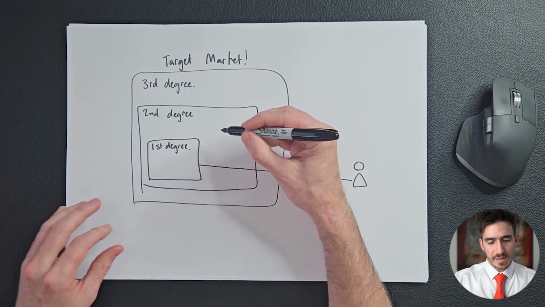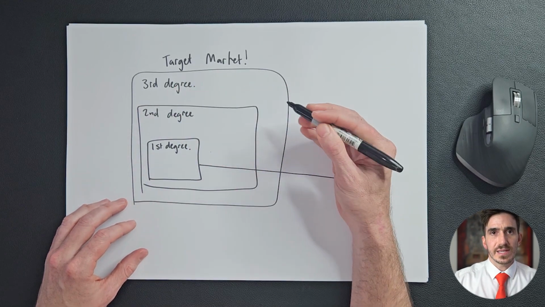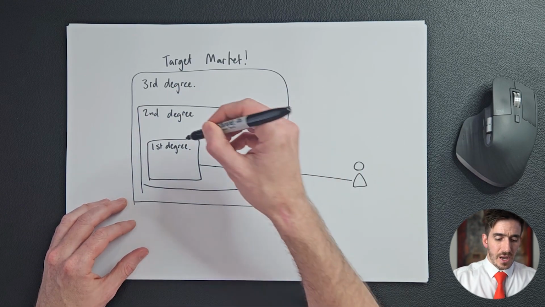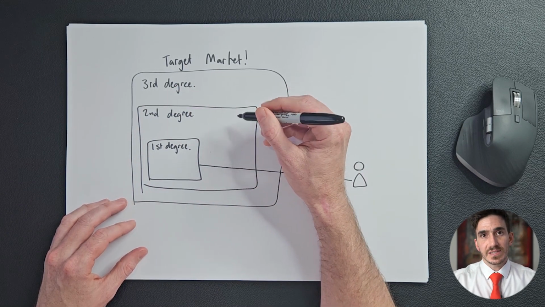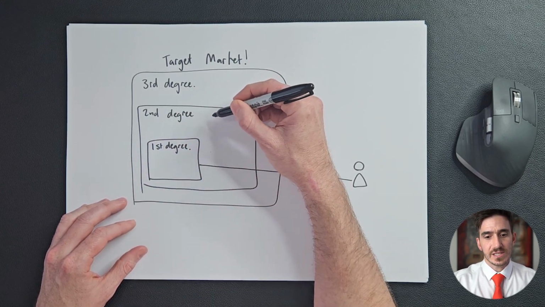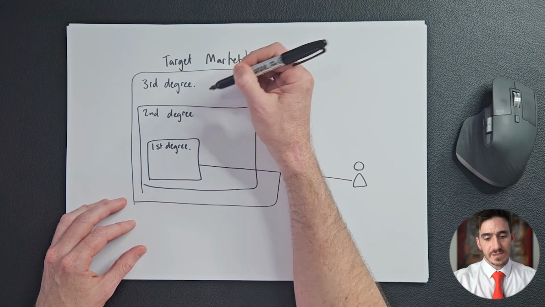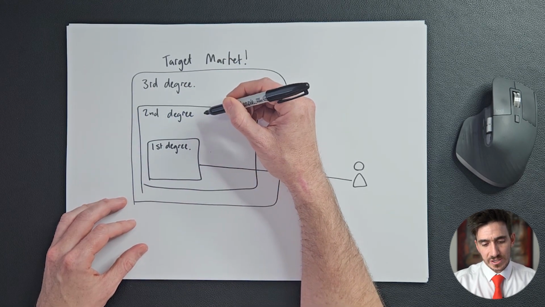For the most part, you always want to be growing your network with new people, and second degree is an excellent place to start. Wherever possible, if you have a decent sized audience, I would always prioritize connecting with second degree connections over third degree. Only go to third degree if for any reason you ran out of second degree connections.